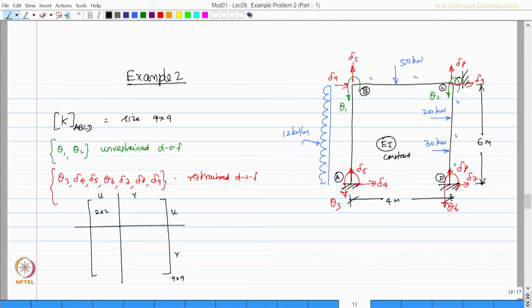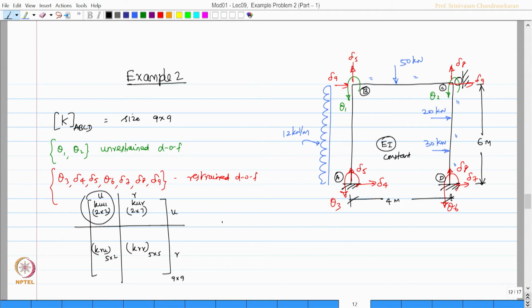Therefore, this is going to be 2 rows and 7 columns, that is KUU, this is KUR, this is KRU, which will be 5 rows and 2 columns, KRR will be 5 rows and 5 columns. So, we have to invert only a 2 by 2 matrix for this problem, that is number 1.